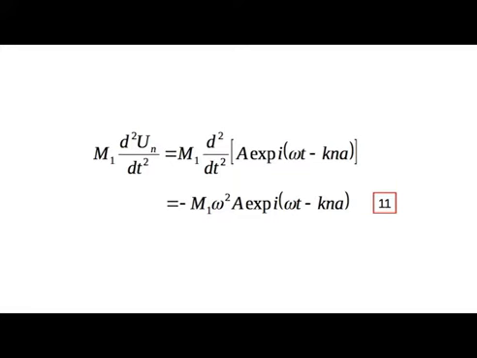If we carry out the differentiation, you will end up with the expression minus M1 omega squared A exponential i into omega t minus k n a. So, again we follow the same scheme which we did for the one dimensional monatomic lattice.